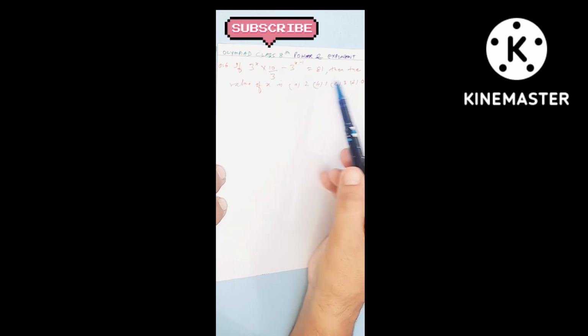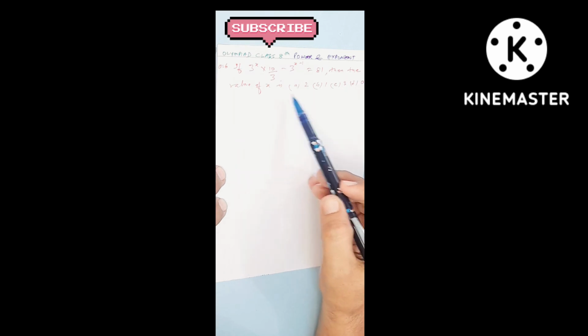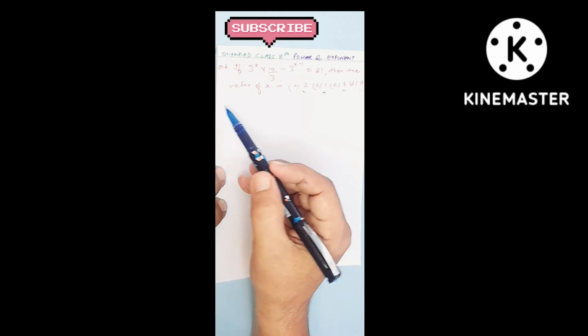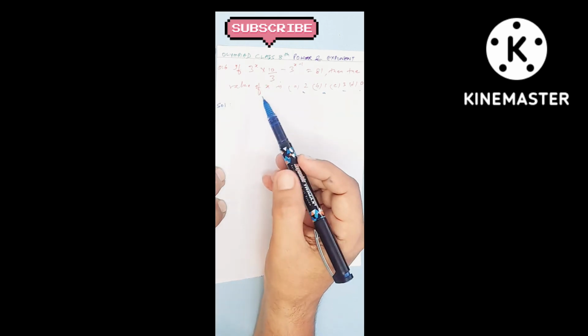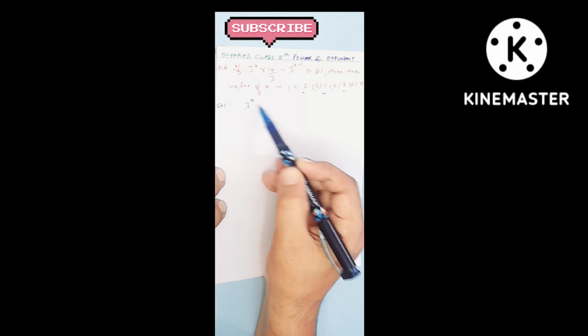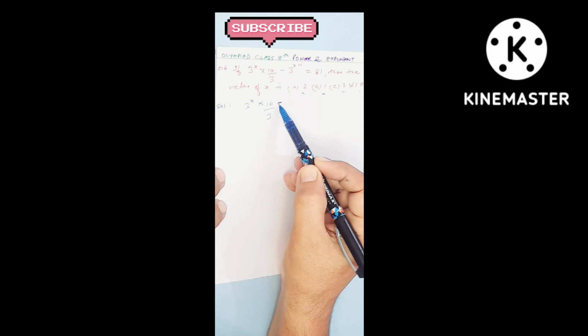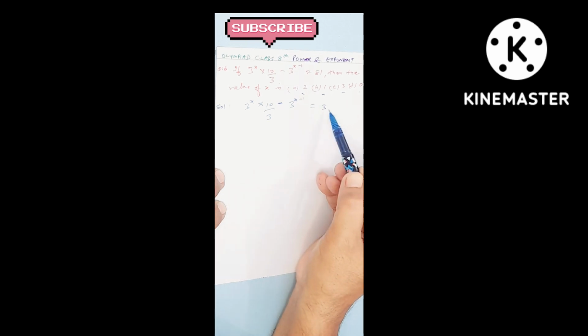Next question: if 3 raised to the power x into 10 by 3 minus 3 raised to the power x minus 1 equals 81, then the value of x is 2, minus 1, 3 or 0. Let us first solve it. So 3 raised to the power x into 10 divided by 3 minus 3 raised to the power x minus 1 equals, how can I write this 81?